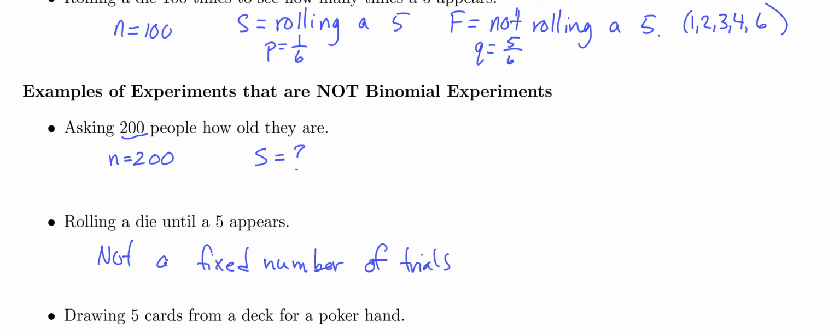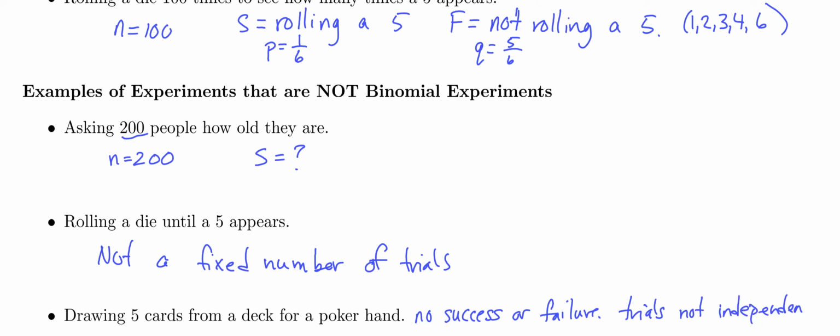And drawing 5 cards from a deck for a poker hand is not a binomial experiment because while we do have a fixed number of trials, we don't have anything that's success or failure, and the trials are not independent. Once we pull a card out of the deck, the probability of obtaining any of the other cards in the deck changes.